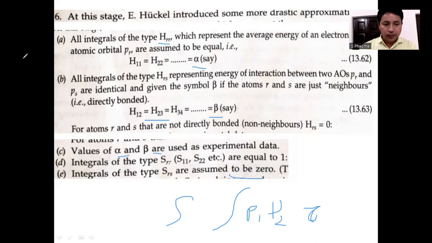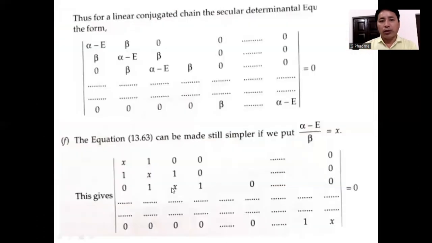So with these assumptions, now it can be constructed for linear conjugated chains. For linear conjugated chains, we can construct a secular determinant equation. That means by taking alpha minus E, from the above equations.